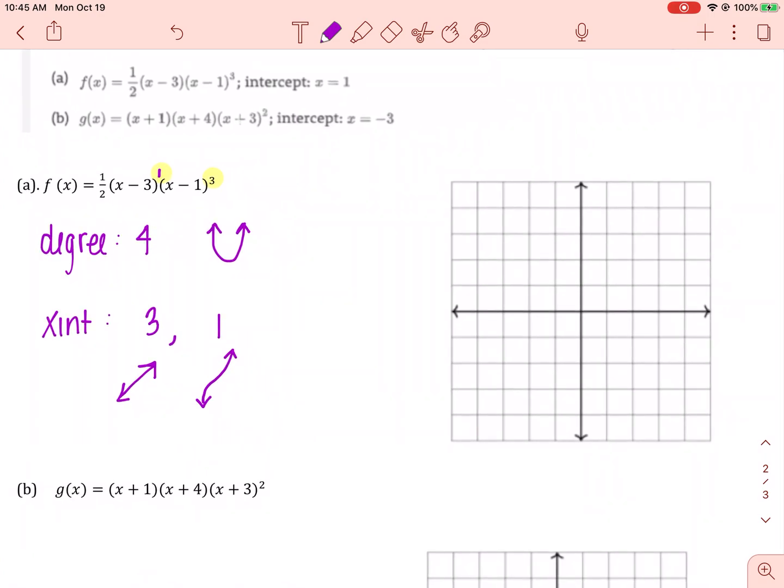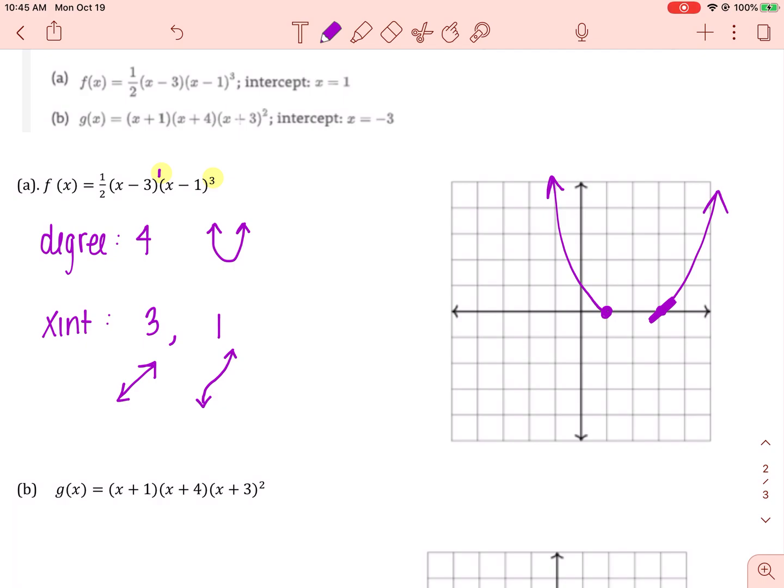So let's take a look. If we graph it, we have 3 and 1. Those are my x-intercepts. I know it's an even power and it's positive, so I know both ends will end up. Now I have to look at the shape. At x is 3, it's going to look kind of like a straight line here.